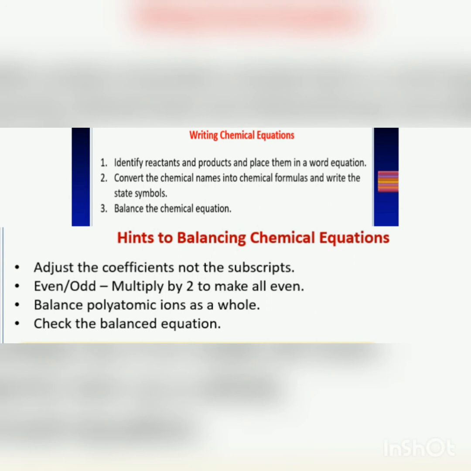If any number is an odd number, try to convert it into an even number by multiplying with 2, and we always balance only coefficients. The last step should be to check that every atom on the reactant side has the equal number of atoms of that element on the right hand side as well. So this is how you balance chemical equations.